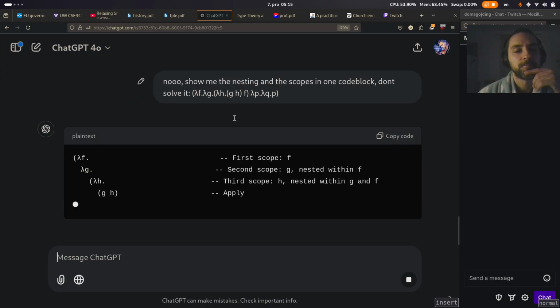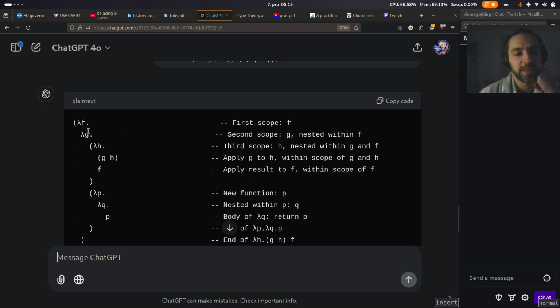Let's see now. Okay, first scope F, right. Lambda G is the second scope, lambda H is the third scope, nested within G and F, right. Now, inside of the lambda H, you apply G to H, right. And the G from here is bound here and H bound here, right. And the F, apply result to F within scope of F, right.